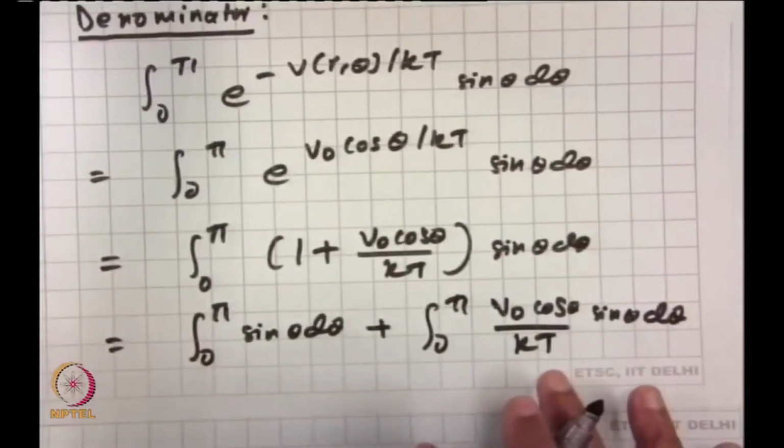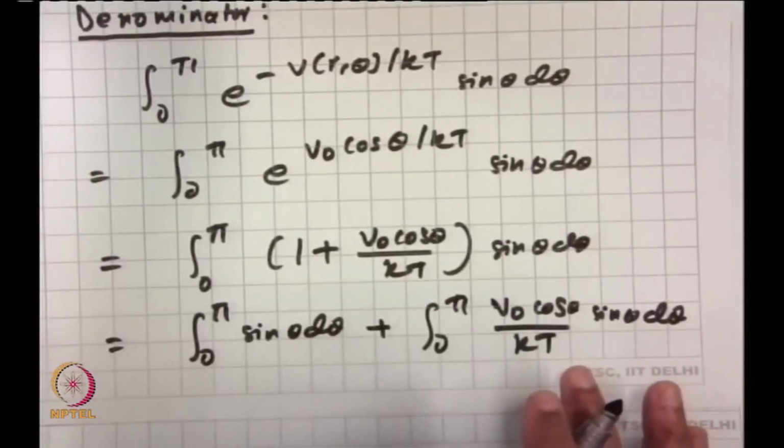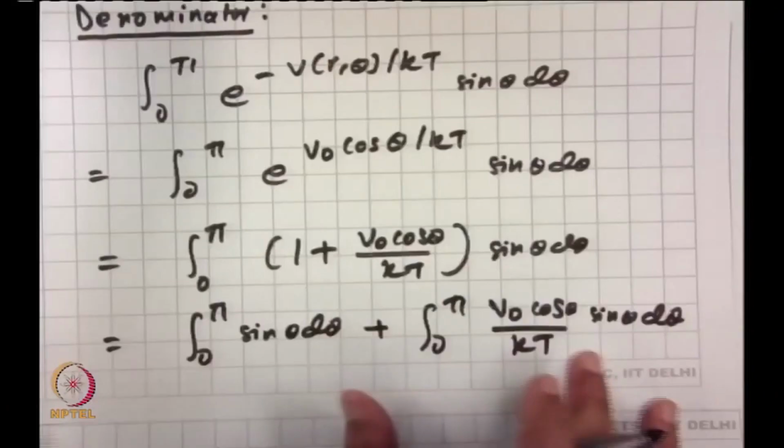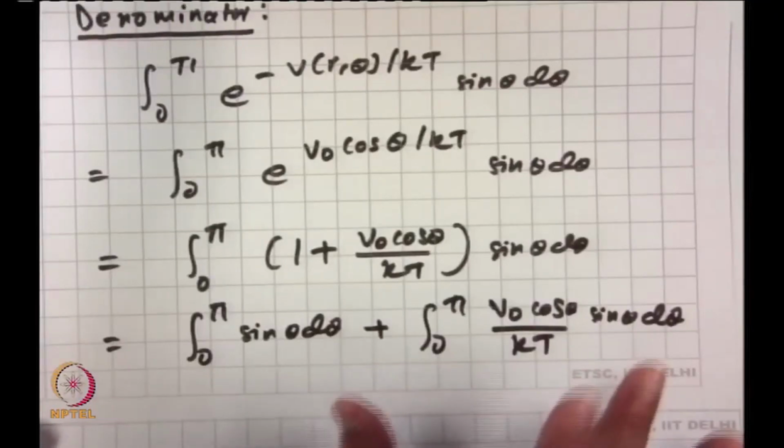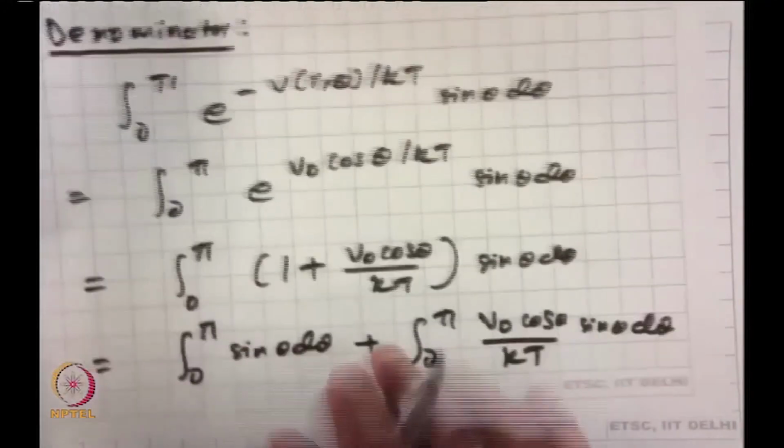So you can see what we have done is, from a complicated exponential integral we have split it into a sum of two very easy integrals, okay.